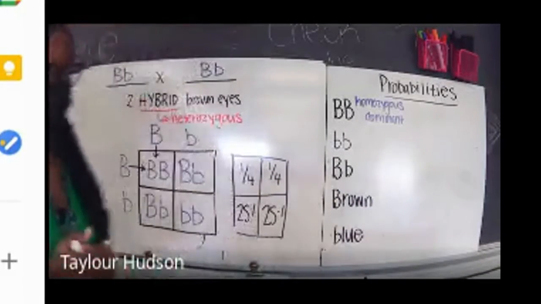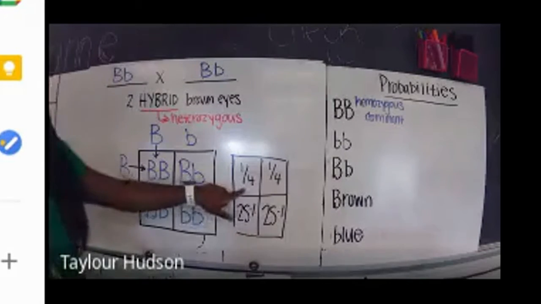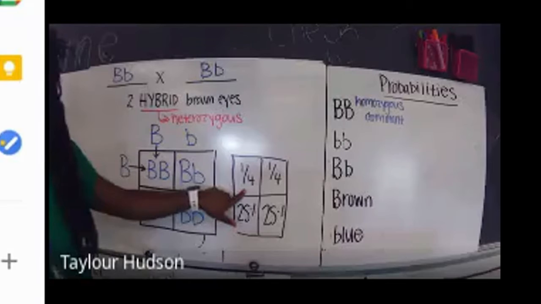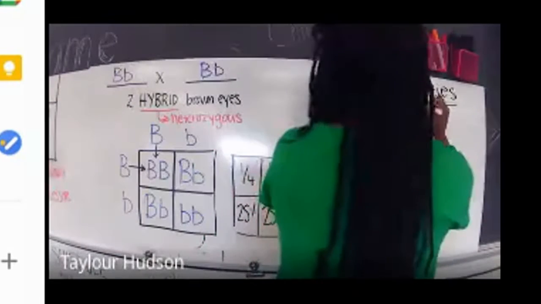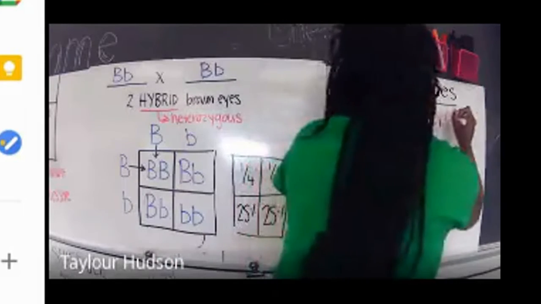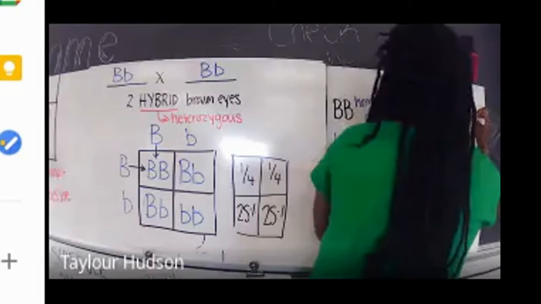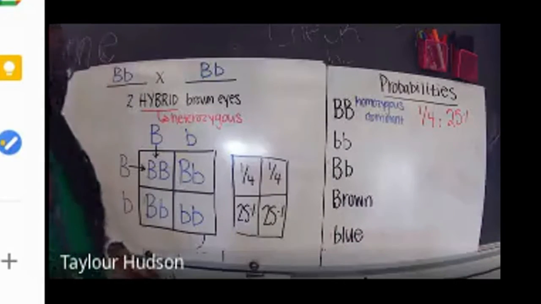If I look at my Punnett square, how many boxes have two uppercase B's? One box. So what is my chance if it's just one box with that genotype? 25%, aka 1/4. You could write either one. Either one works.